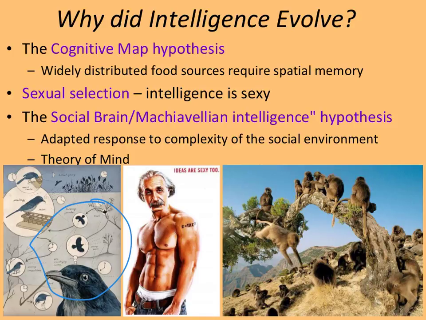And then, right now, in this place, probably the strongest selective force is the social environment. What do you think is important to know about who's around you? Some are friends of yours, some are not.